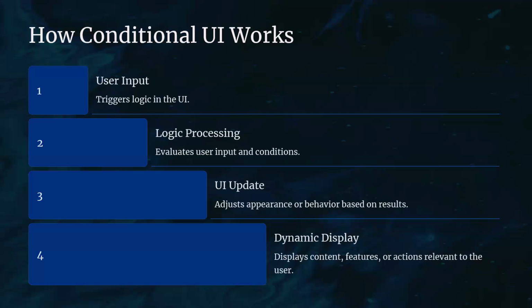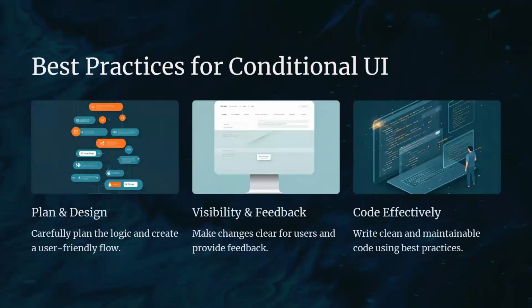Okay, so this is basically what I mentioned before, how things work. As I said, conditional UI is something very simple, not a complex thing, but there are some best practices as well.